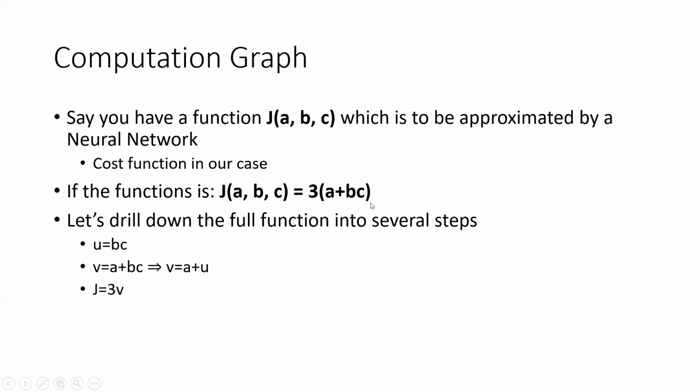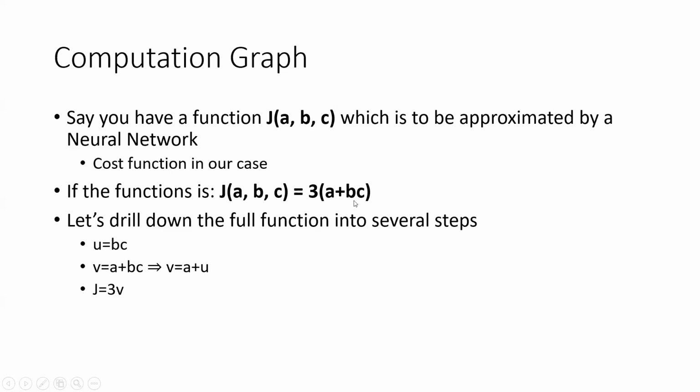Suppose this is the actual function between a, b, and c. Actually, you don't know this, because if you knew it, you wouldn't have to train a neural network to find it. So suppose this is the one hidden in the neural network, the real function that we are going to approximate with the neural network.